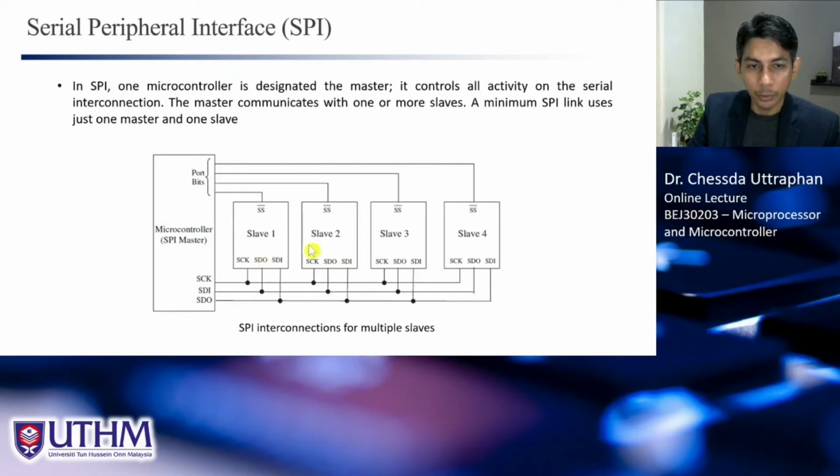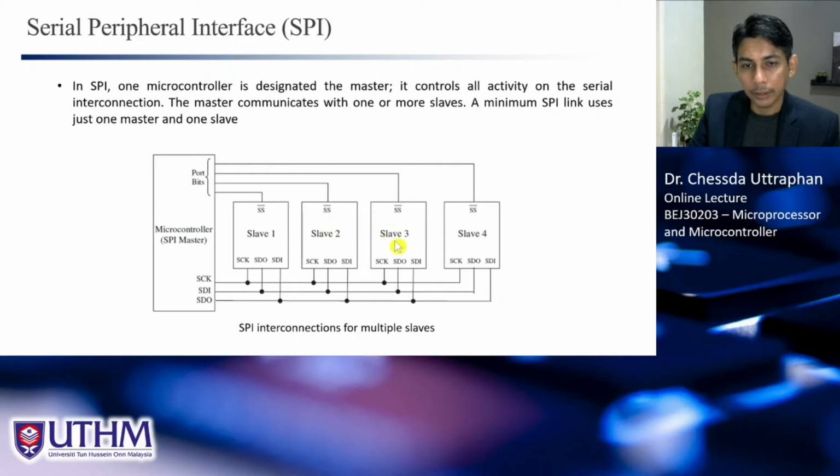And if we have 2 slaves, of course this one is fixed at 3, but now we have another extra wire here. So instead of 4, we need to add another 1. We have 5 wires now if we have 2 slaves.